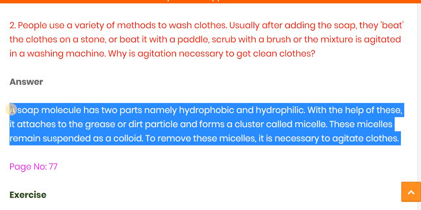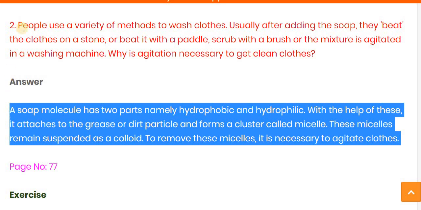With the help of these it attaches to the grease or dirt particles and forms a cluster, which is known as a micelle structure. This micelle structure remains suspended as a colloidal particle on the dust or oily things present on clothes. So to remove this micelle structure from the clothes, it is necessary to agitate the clothes.